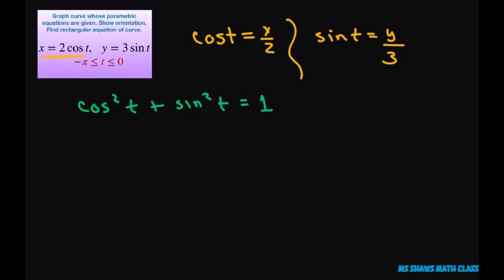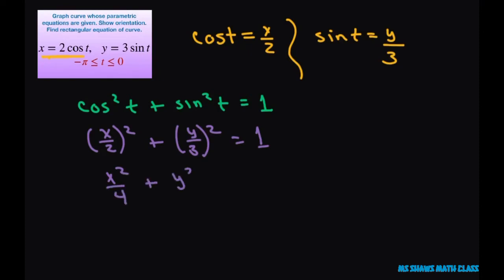So using substitution, I have (x divided by 2) squared plus (y divided by 3) squared equals 1, or x squared divided by 4 plus y squared divided by 9 equals 1.